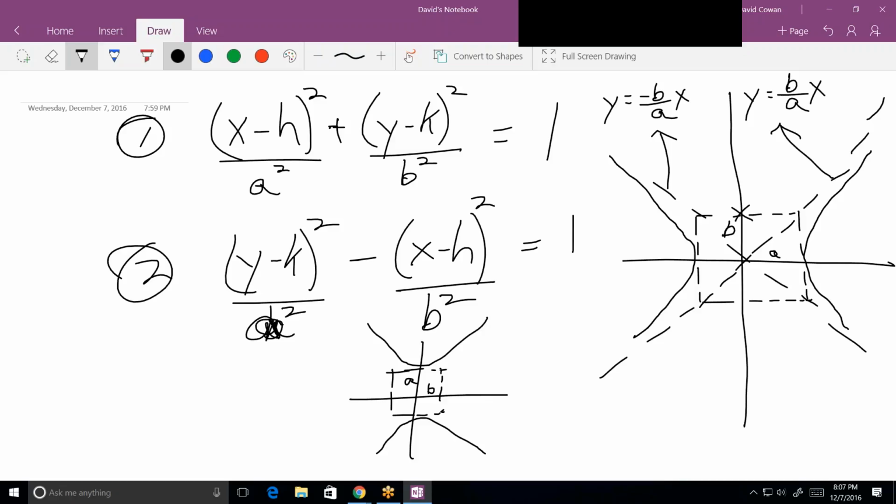In other words, if it's a vertical ellipse, then the A squared goes under the y. And one thing different between ellipses and hyperbolas is that for an ellipse, A has to be bigger than B. For a hyperbola, that's not true. There can be any relationship between A and B that you want.